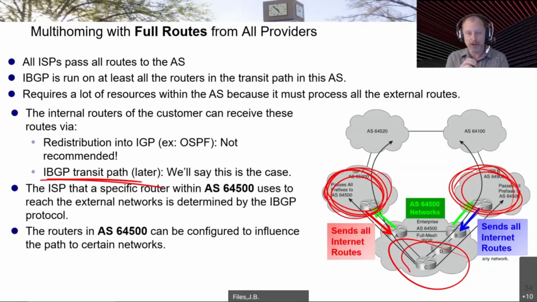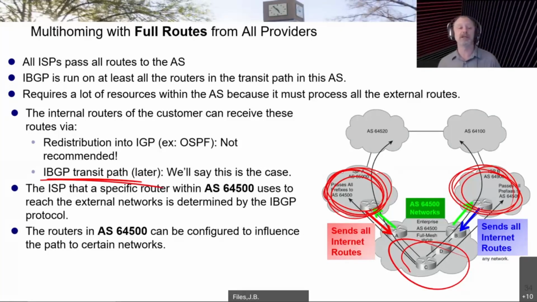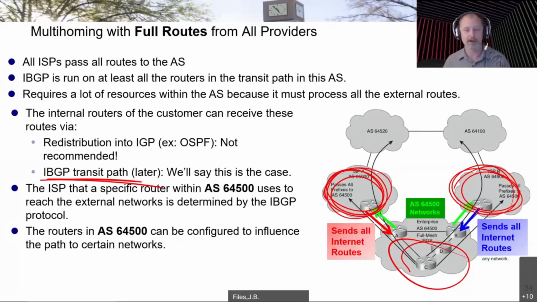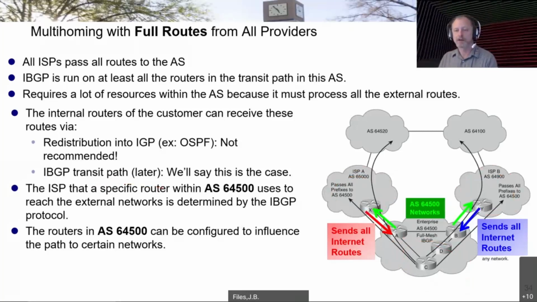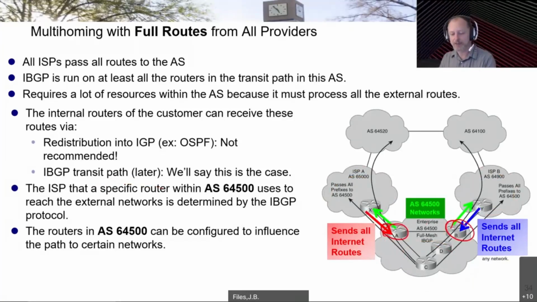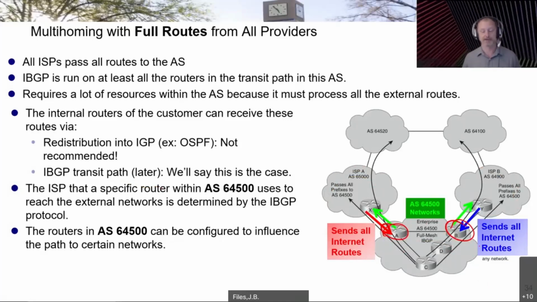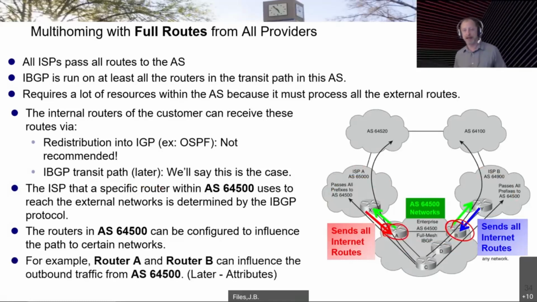We can tweak it. We might not just leave it up to BGP, default methodology. Okay. So our router A and router B can make changes to the paths that get advertised into our network, and we'll talk about how that happens.